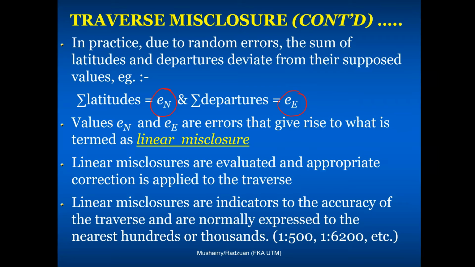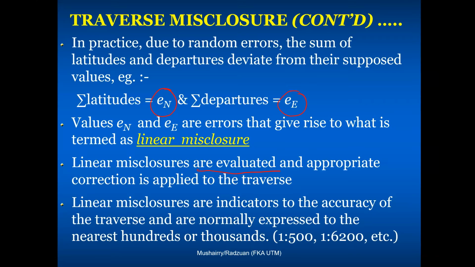So the values of EN and EE, these two errors, because they are linear distances, the sum of these two distances gives rise to what we call the linear misclosure. Linear misclosure, we evaluate. You have to calculate them, and you have to look at it.